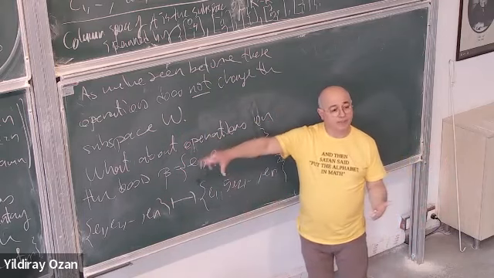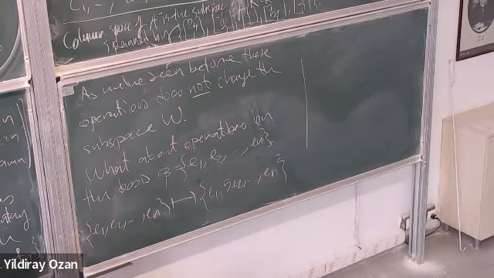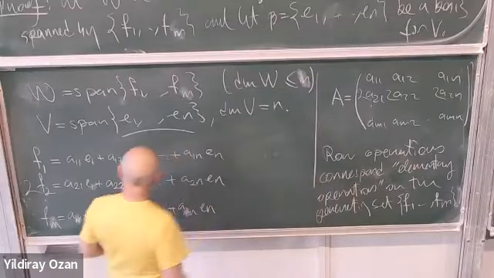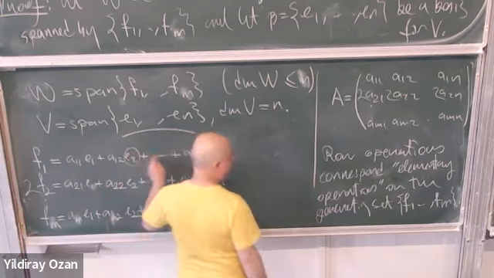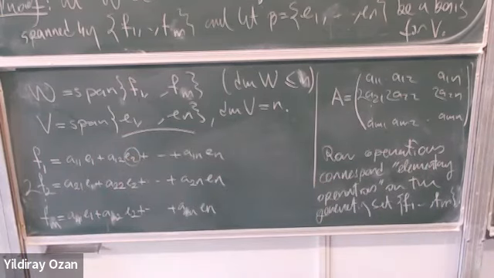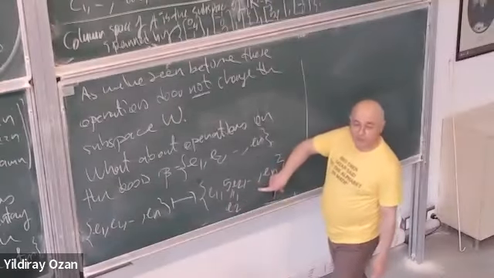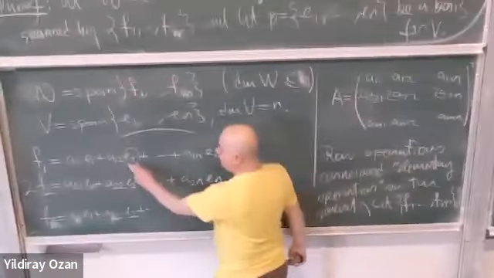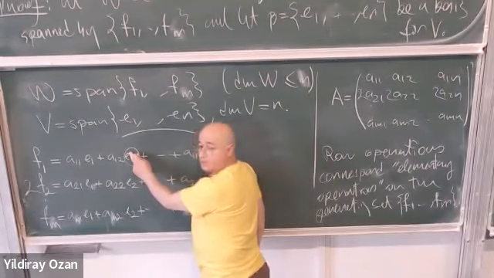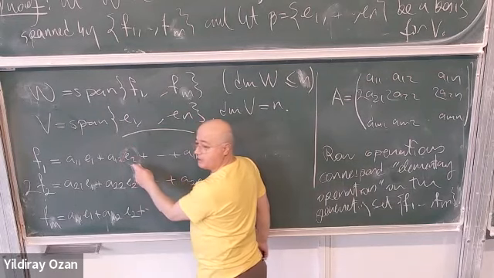What happens? How the matrix A changes? Well, if you do this, what will happen? Let's just come back to here. So I replace E2 by 5 times E2. So this is my E2 prime, my new basis: E1, E2 prime, E3, E4, and En. Then you come here, you have E2 here, but you want to make this E2 prime. Well, E2 prime is 5 times E2.